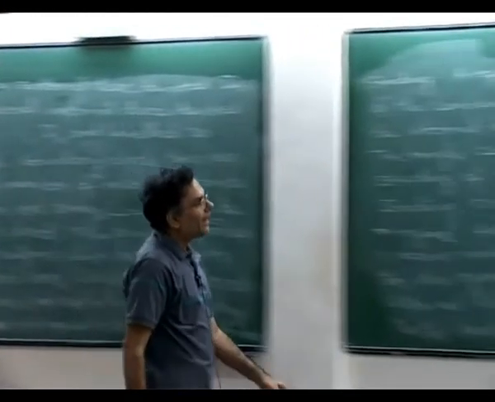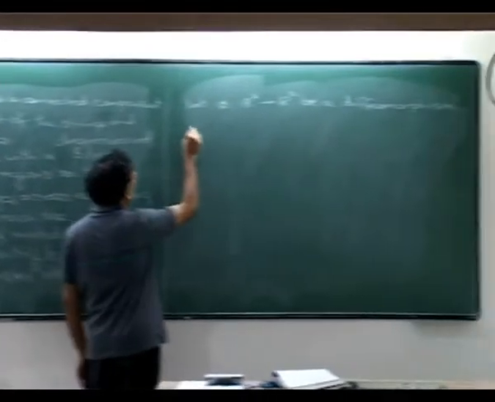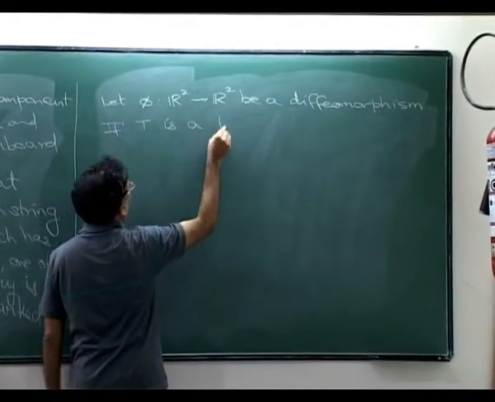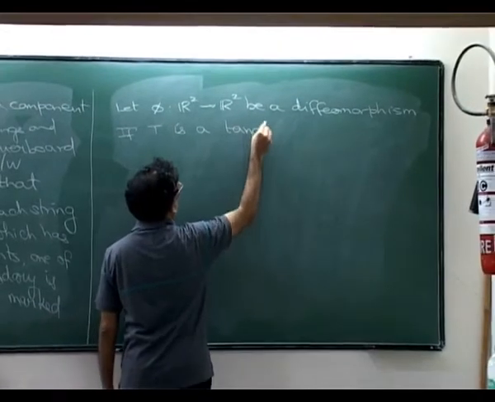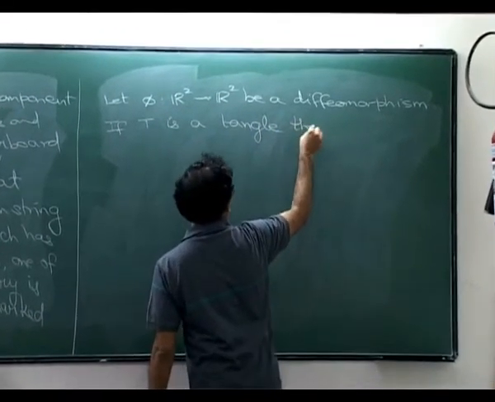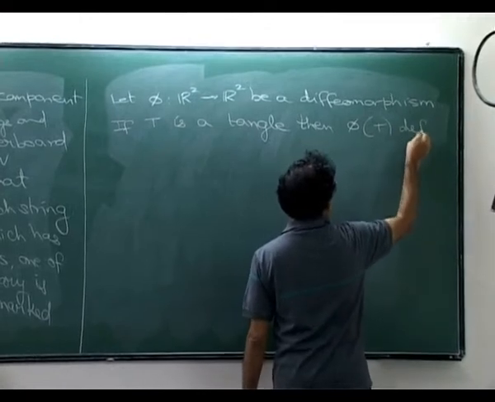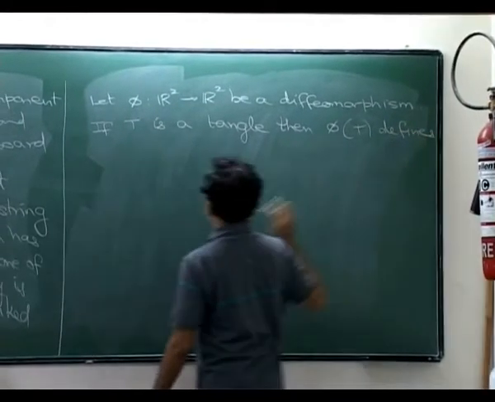So we can apply this phi to T. If T is a tangle, then phi of T defines another subset of R2.